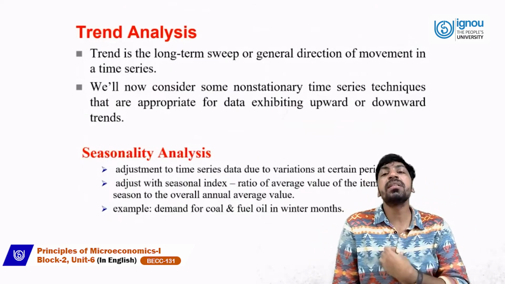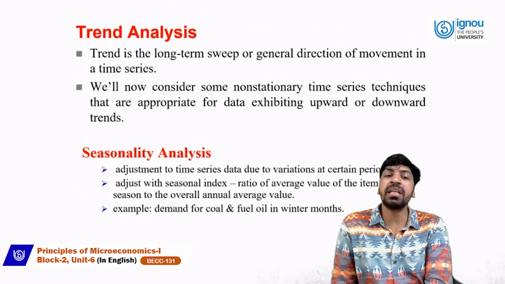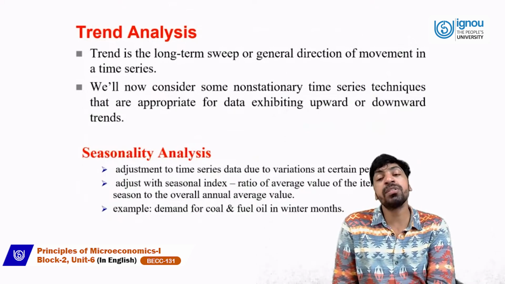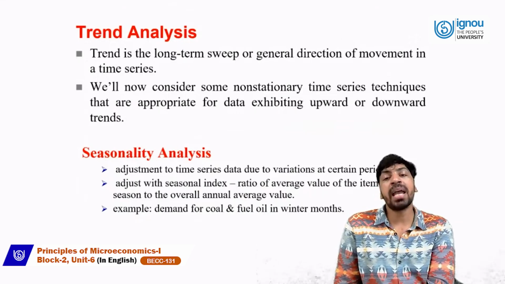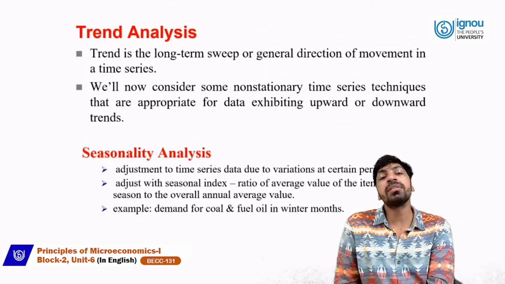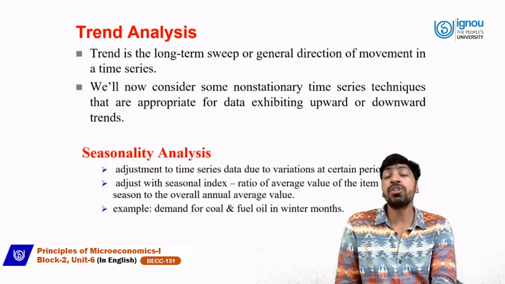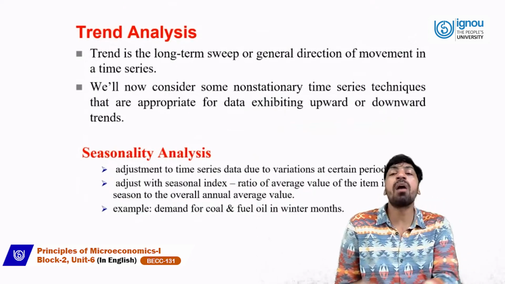So it considers non-stationary time series techniques as it refers to the last future period. So we can talk about the time series related to the non-stationary, which is very appropriate for the data which shows the upward and the downward trends.